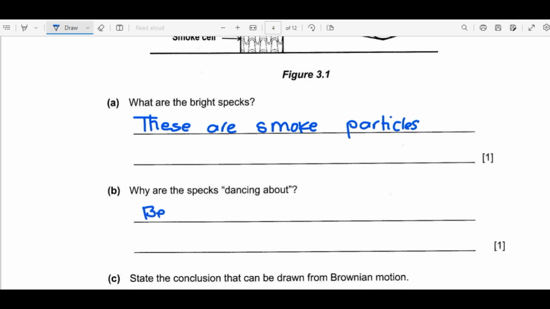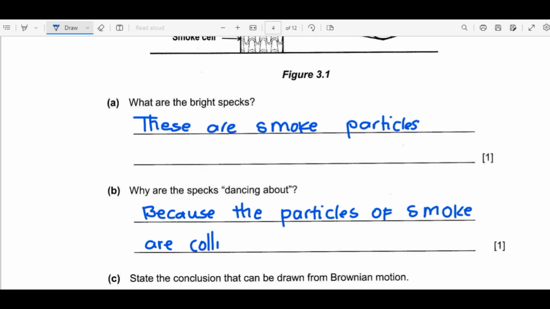Because the particles of smoke are colliding with the neighbor molecules.